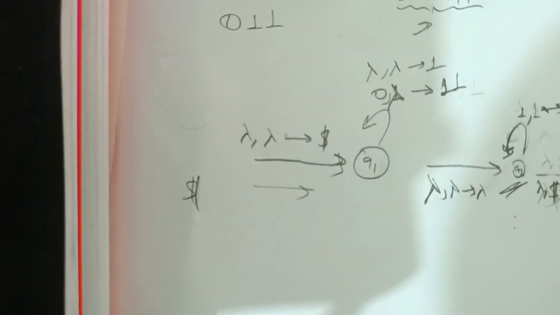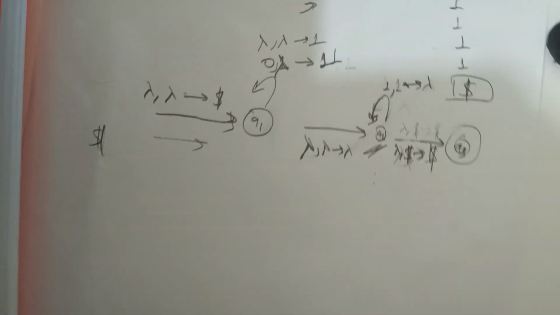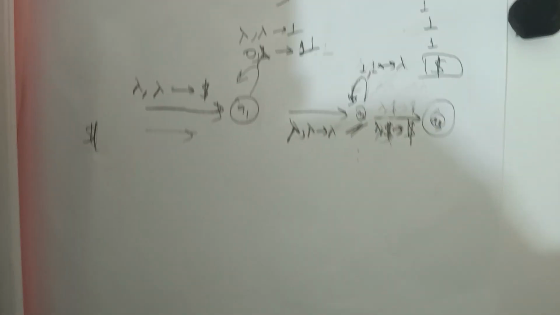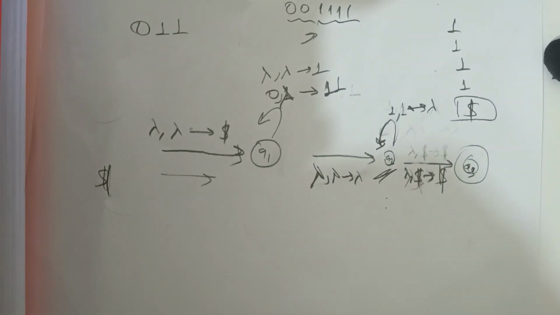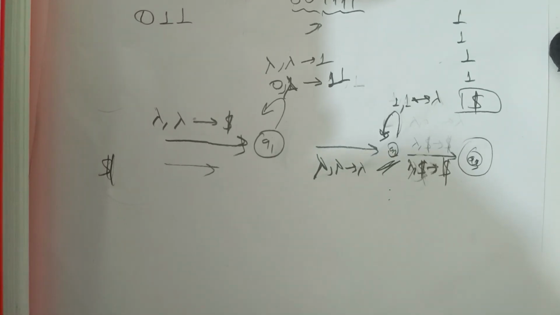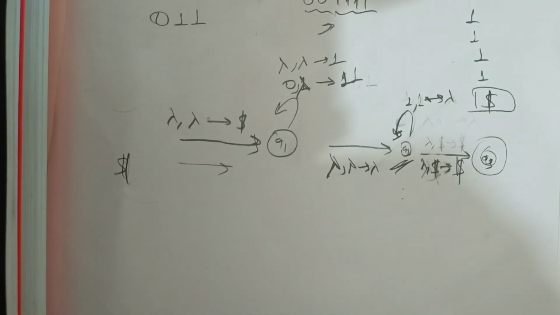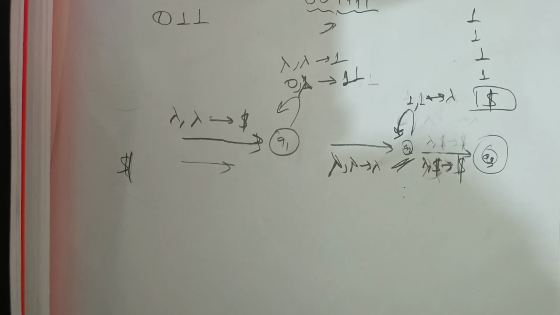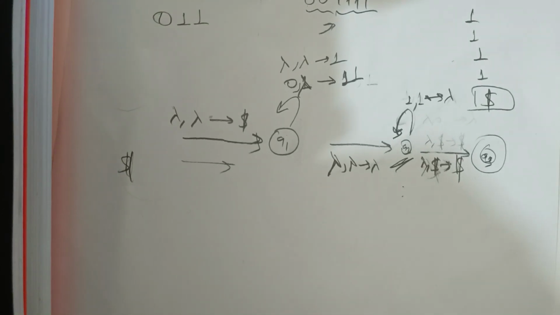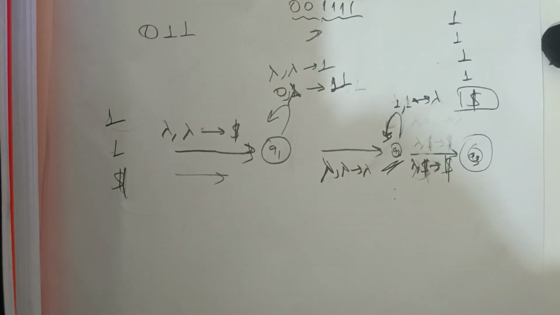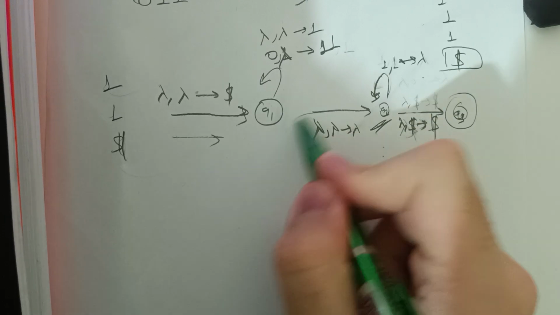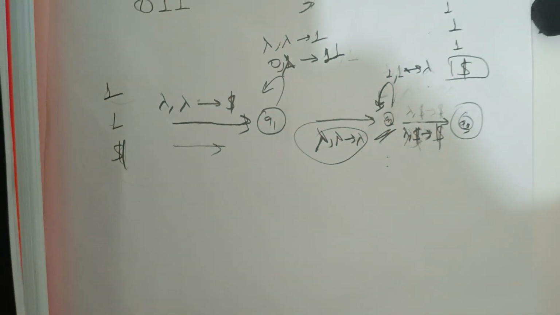Then read lambda, do nothing. When we read B, we read this, and we omit 1.